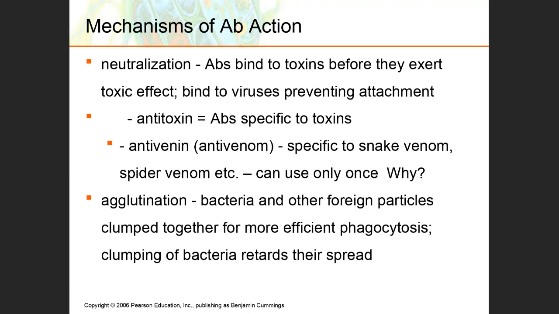We've talked about antitoxins, or preparations of antibodies against toxins. So things like snake venom, spider venom. We have antivenoms, or technically antivenins or antivenines. So an antivenom is a preparation of antibodies.